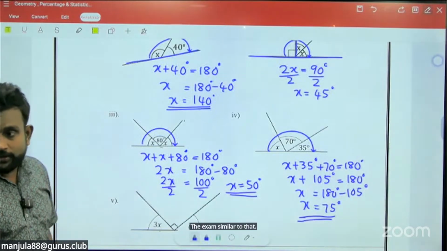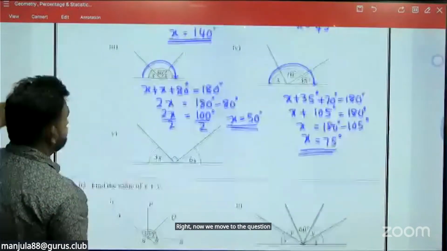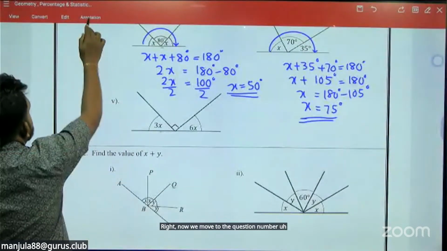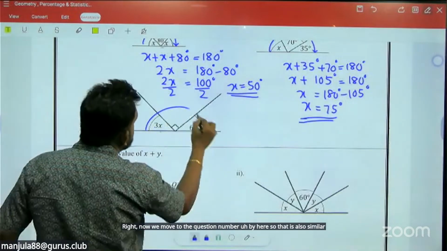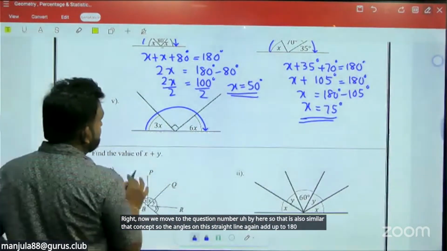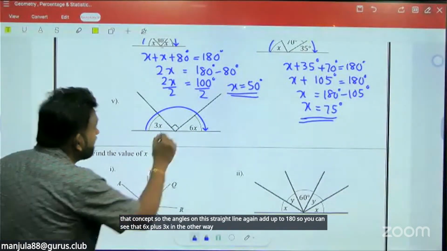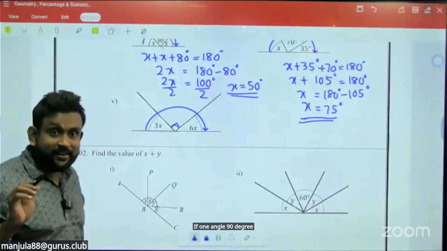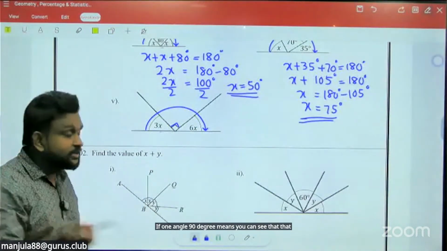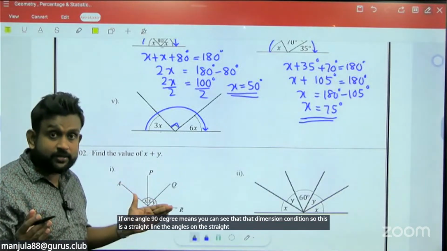Now we move to question number 5. That is also a similar concept: the angles on this straight line again add up to 180. You can see 6x plus 3x. The angles on a straight line are supplementary, they add up to 180.